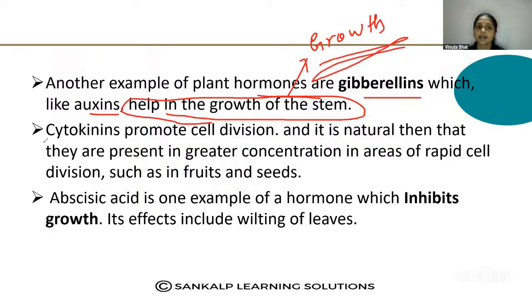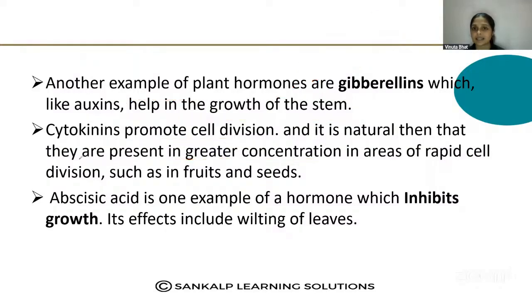Then cytokinins promote cell division, and it is natural that they are present in greater concentration in areas of rapid cell division, such as in fruits and seeds. So what is the function of cytokinins?